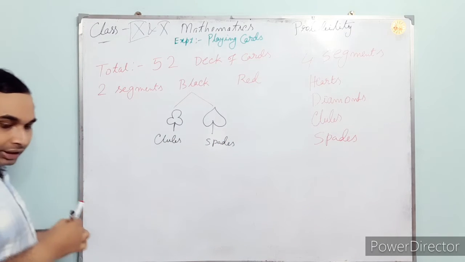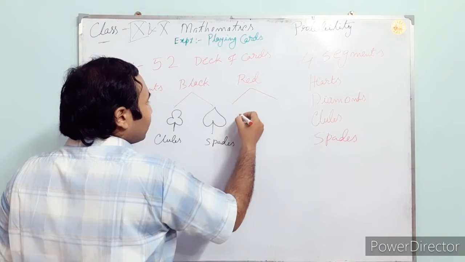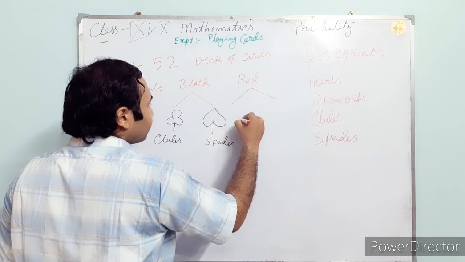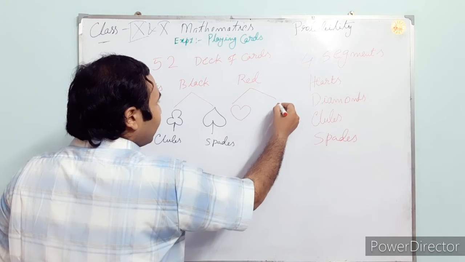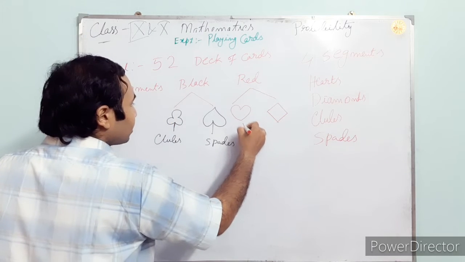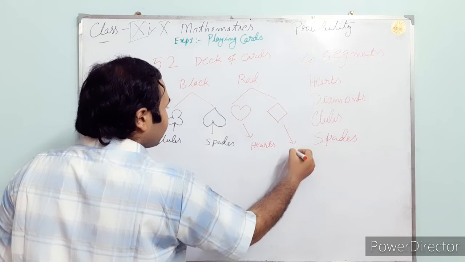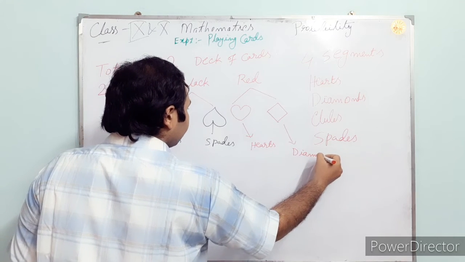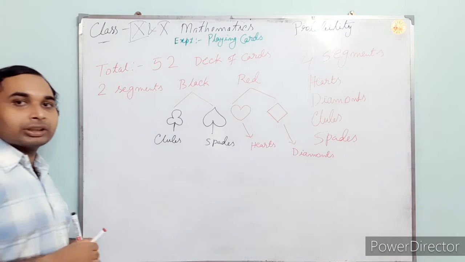And for the red segments, 2 are there. One is hearts and another is diamonds. So 2 red segments and 2 black segments.